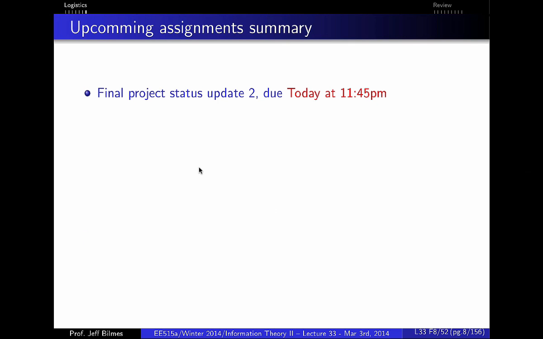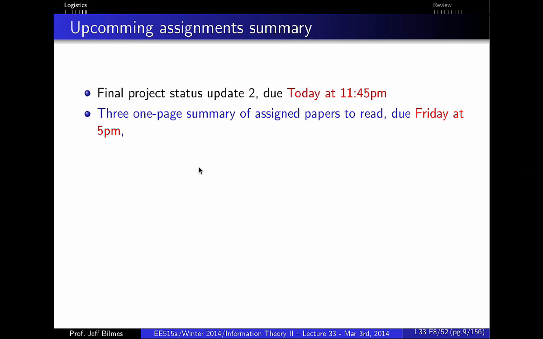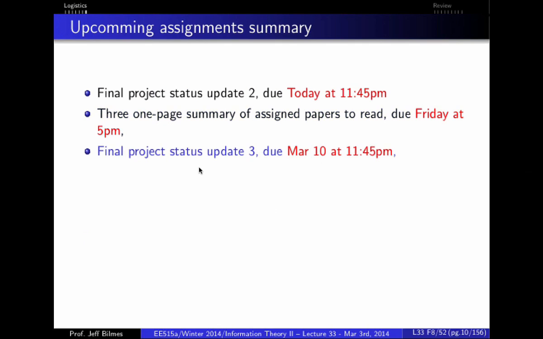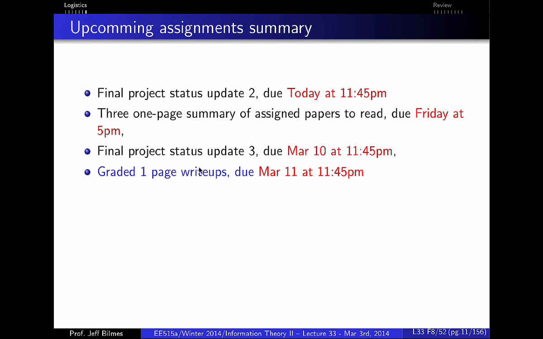We have the final project status report due today at 11:45 p.m. We have 3 one-page summaries of paper groups that have been assigned to you due this Friday at 5 p.m. You have next Monday a final project status update 3, due at 11:45 p.m. You need to grade the one-page write-ups that have been written summarizing your papers. They're going to be assigned to you to grade, and they're due next Tuesday, a week from tomorrow, at 11:45 p.m.